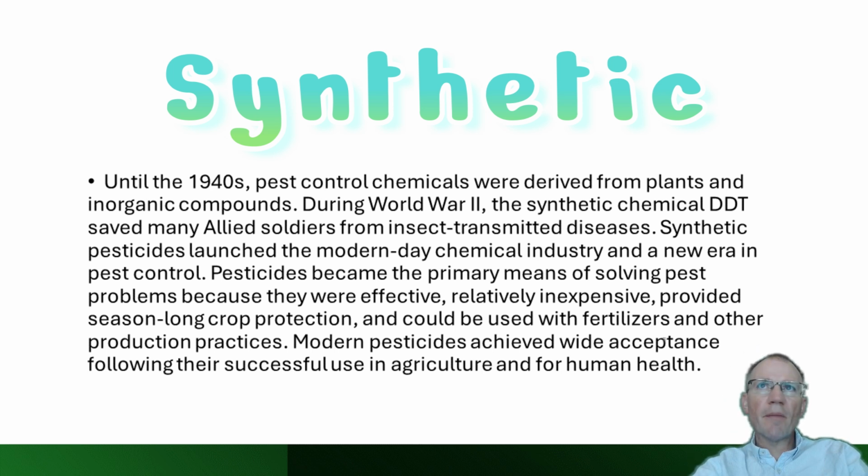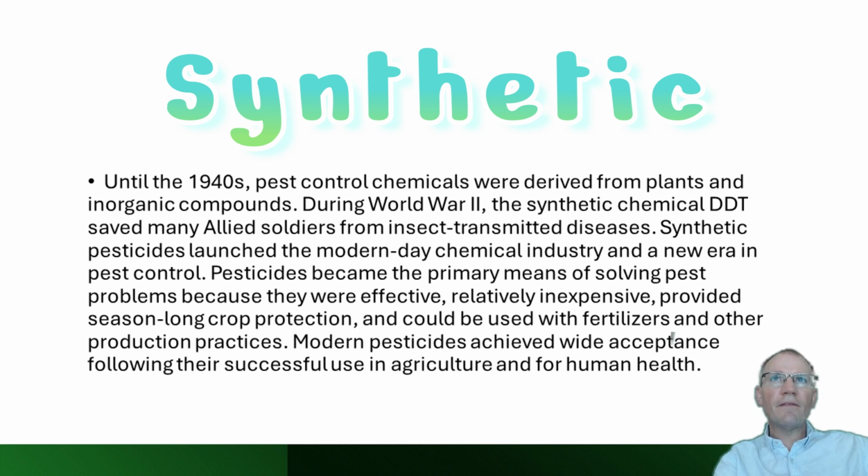Pesticides became the primary means of solving pest problems because they were effective, relatively inexpensive, provided season-long crop protection, and could be used with fertilizers and other production practices. Modern pesticides achieved wide acceptance following their successful use in agriculture and for human health.